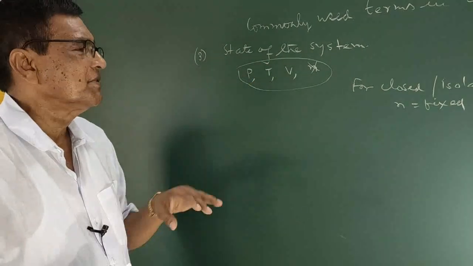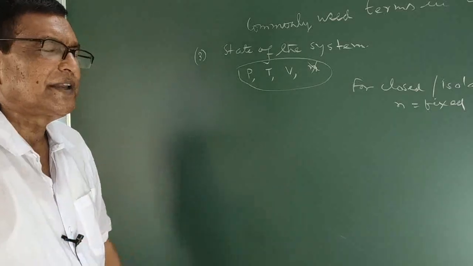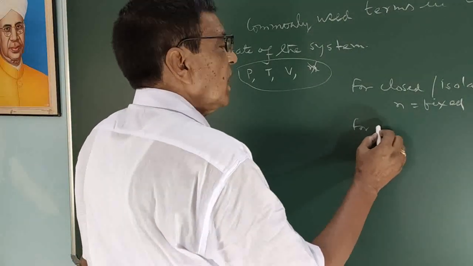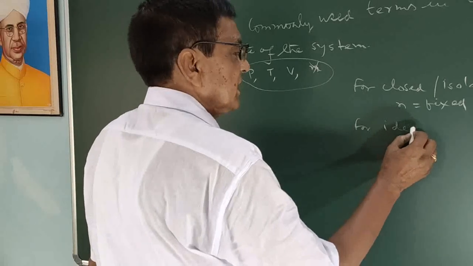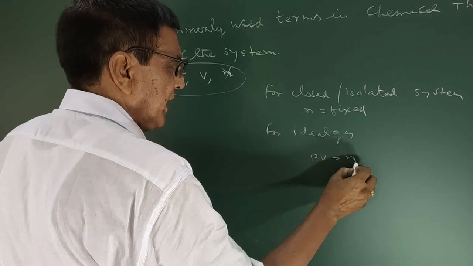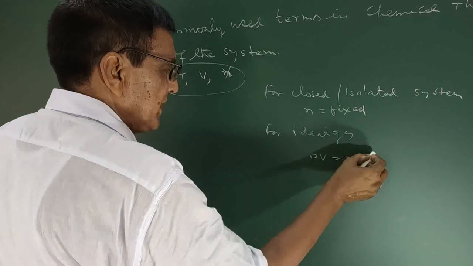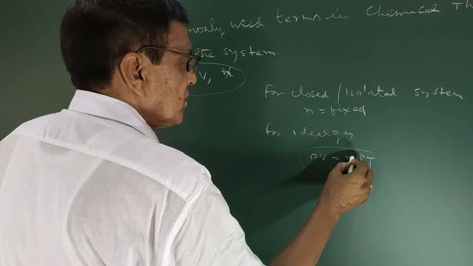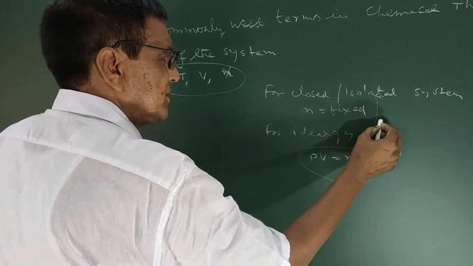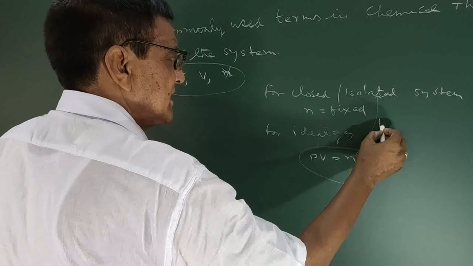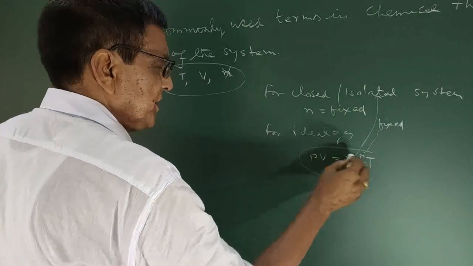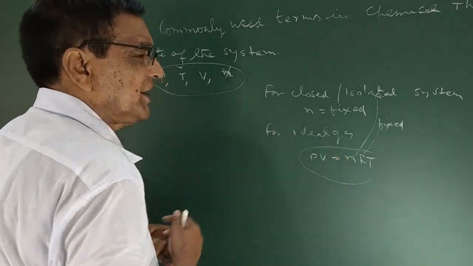These three variables are again connected by an equation. Suppose for an ideal gas, this equation is PV equal to nRT. Since n is constant for closed and isolated systems, and R is also a fixed constant, P, V, T, these three are connected by an equation.